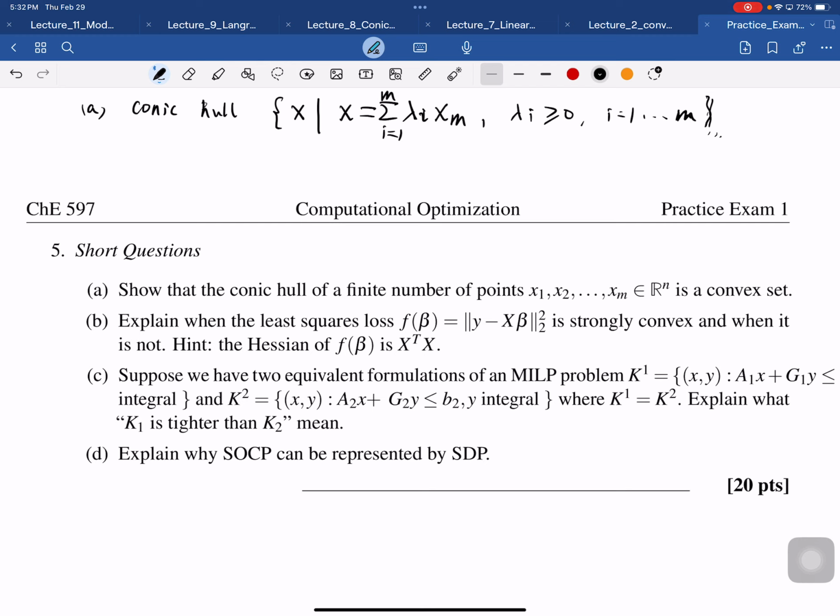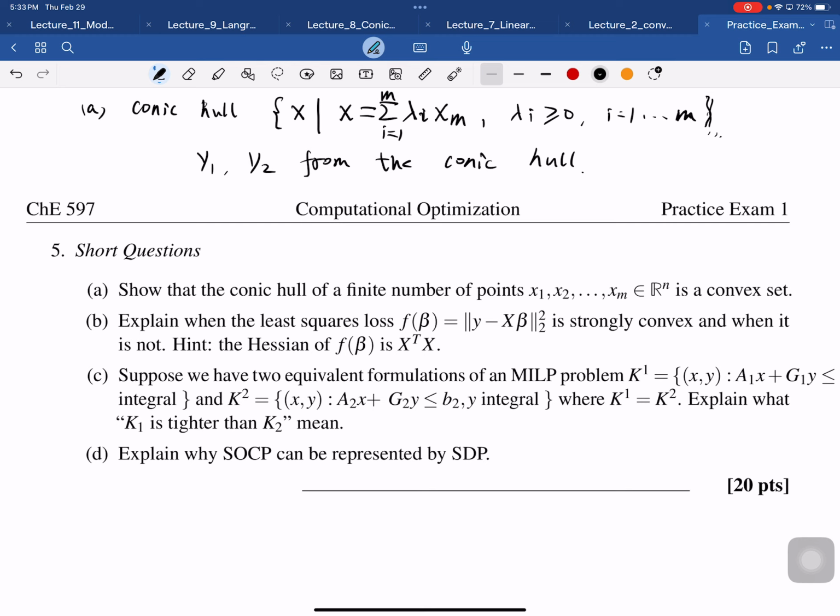So how do we show a set is a convex set? The easiest way is to show it by definition. Take 2 points in this conic hull, and show that their convex combination is also in the conic hull. So let's say we pick 2 arbitrary points, let's call them y1 and y2, from the conic hull.